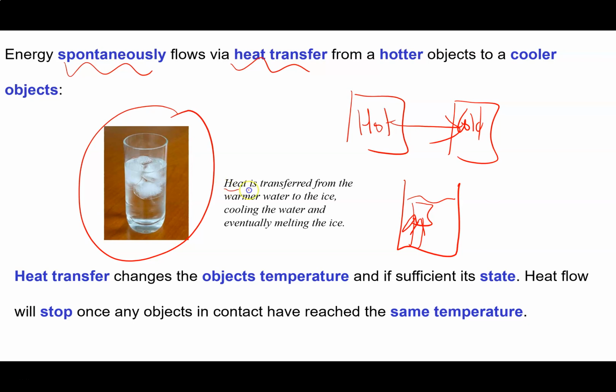And what you recognize is that if you transfer enough heat into an object, you can actually get it to change its state. And so if you put ice cubes in your drink, eventually those ice cubes will absorb so much heat that they will melt and become liquid.